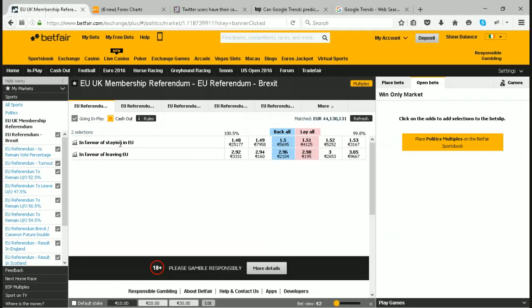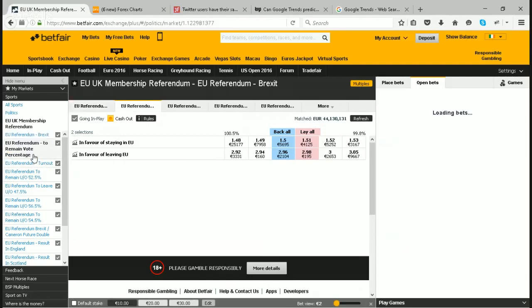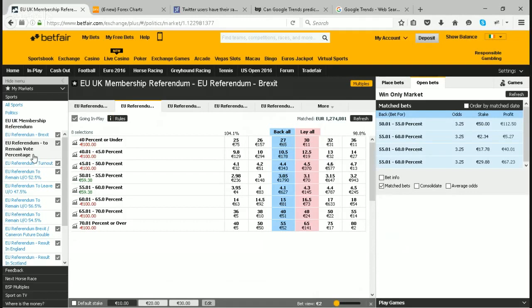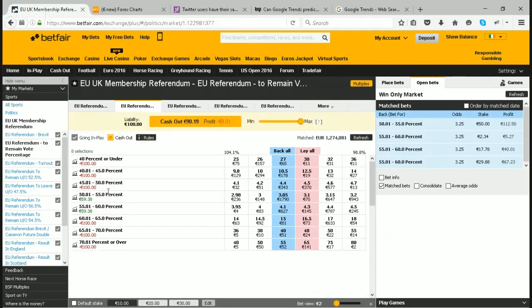Now, I didn't bet on this because at the time the odds were useless. I think it was 1.2, 1.25 or something. I went for how strongly, like what the actual vote was going to be. So you can see here, I went for that it's going to be yes between 50 and 60 because I thought it was going to be a yes.